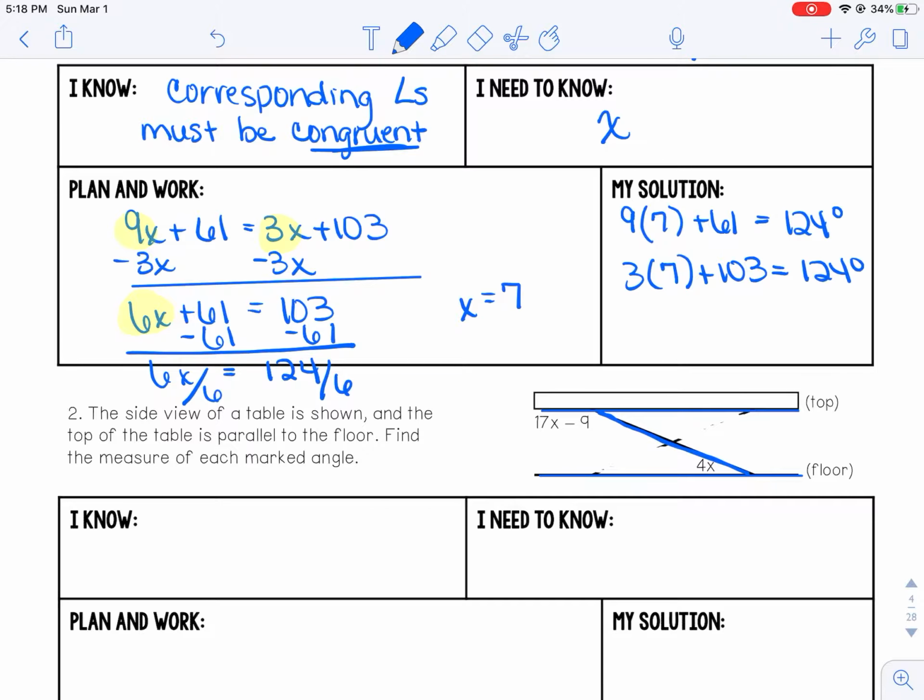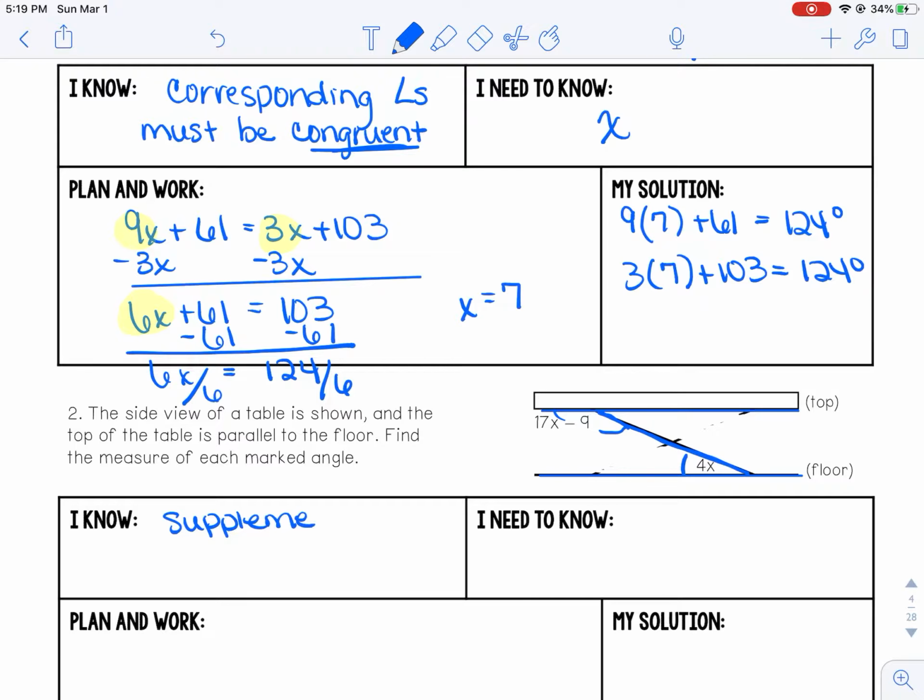They are none of those. They are actually on the same side, on the inside of the parallel lines. You can tell that this one down here is acute. This one up here is obtuse. Okay, so they are actually supplementary angles.